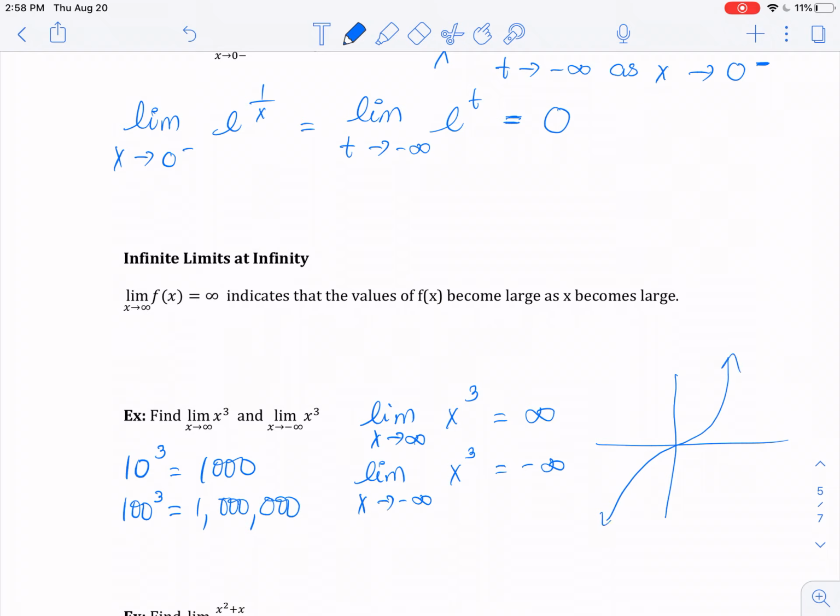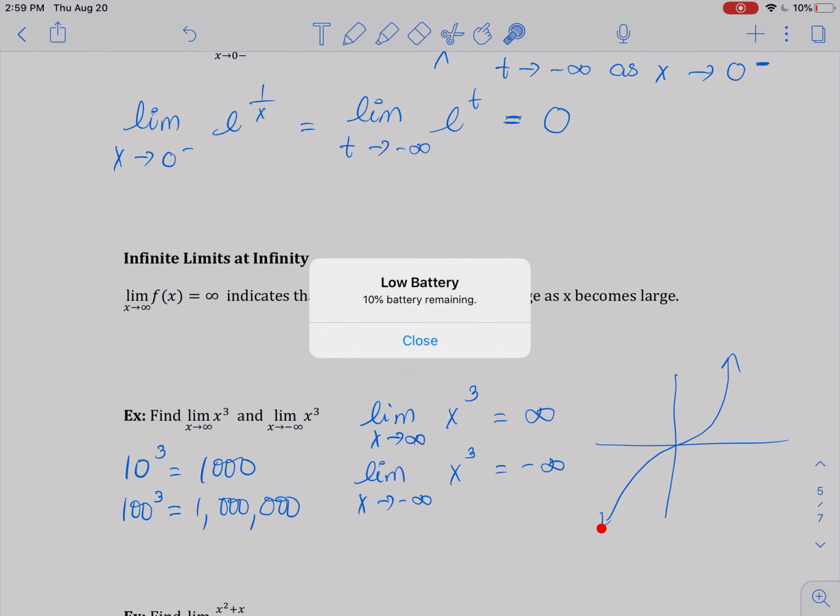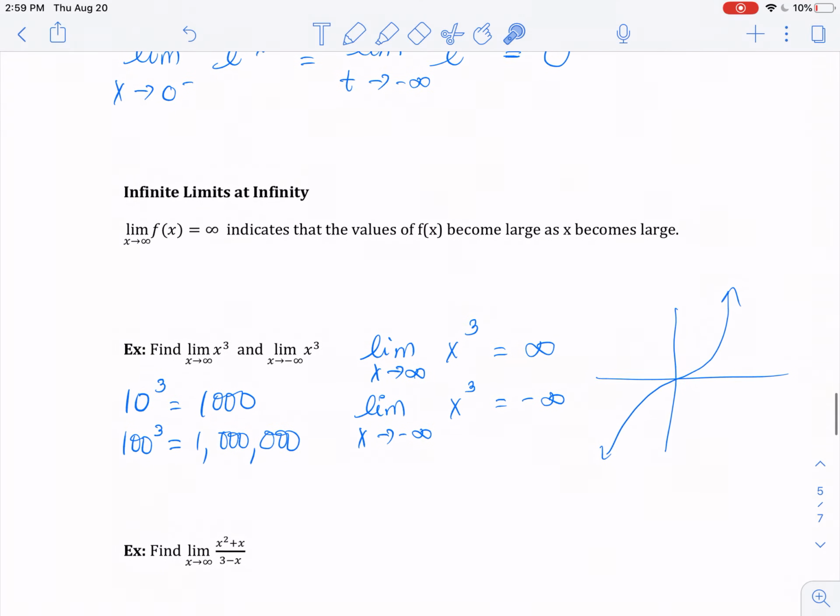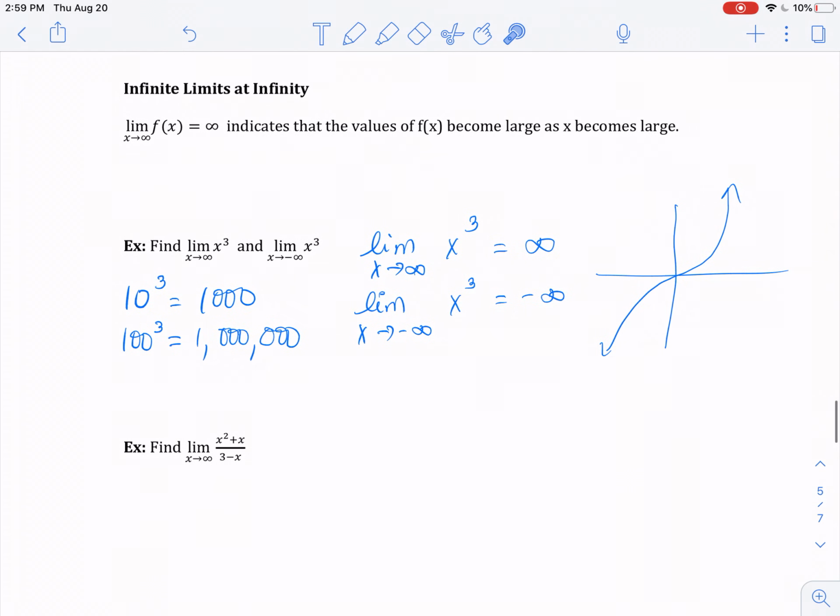You see that f of x goes to infinity as x becomes large. When it becomes large negative, it goes to negative infinity right here. Now when you take the limit, please do not just plug in the infinity. It's not right to do that.